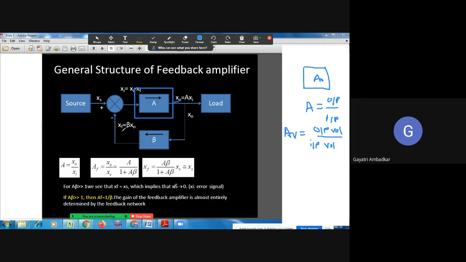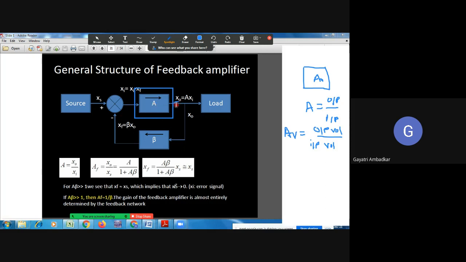Okay. So now what we will do in feedback, we have a source which is providing you a signal Xs. You have a source, okay, signal source. It is providing a signal Xs. We give this signal to a mixer and then it is passed to the amplifier. So output of mixer becomes input of the amplifier. So what will the amplifier do?